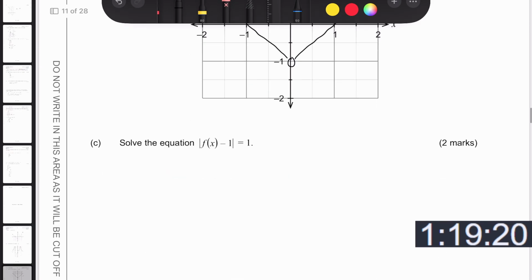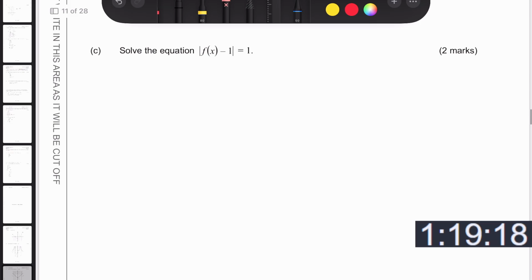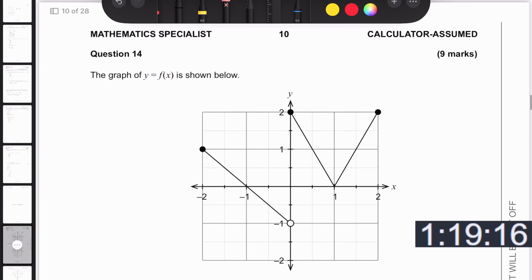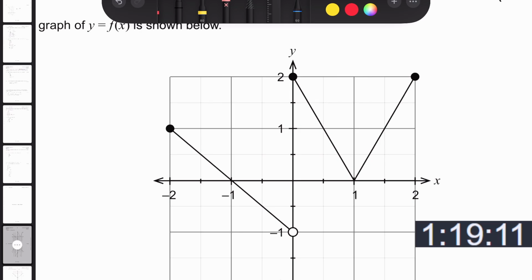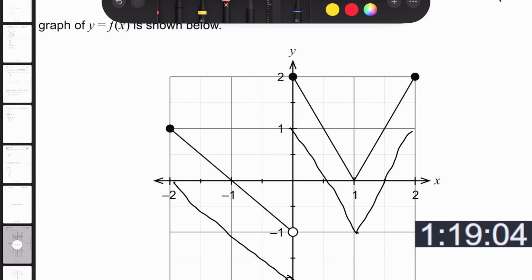Yeah, okay. So absolute value of f of x minus 1. So minus 1, it would be like this. And then I'll be there, to there, to there. And then if I did the absolute value, it's going to be like that. And it'll be boom, 0 coming up, boom, like that. And I want this to equal 1.